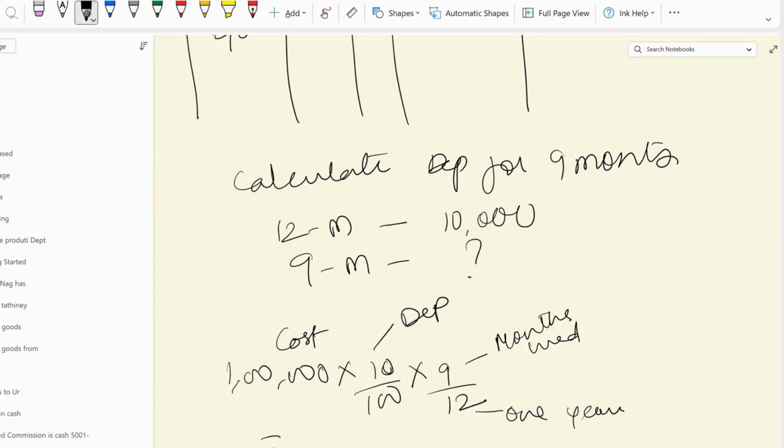1 lakh into 10% means 10,000 normally. 10,000 into 9 by 12. It's 7,500, ma'am.